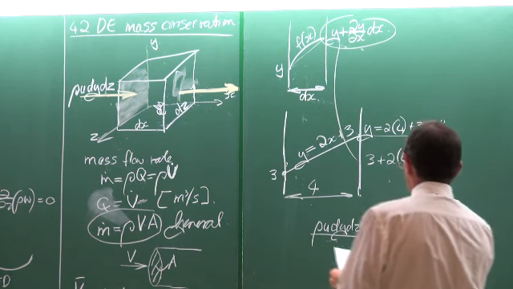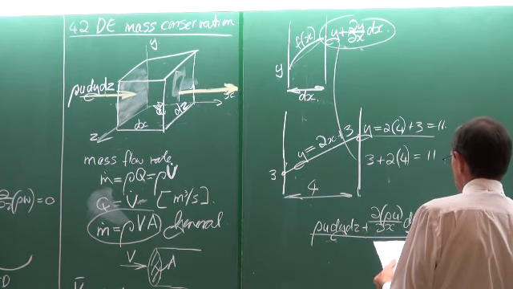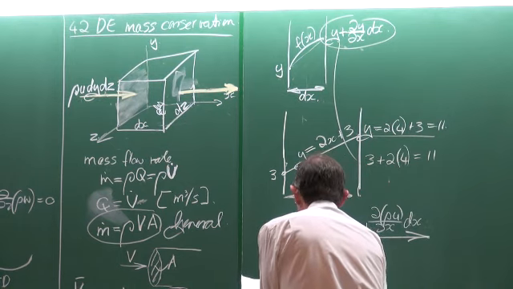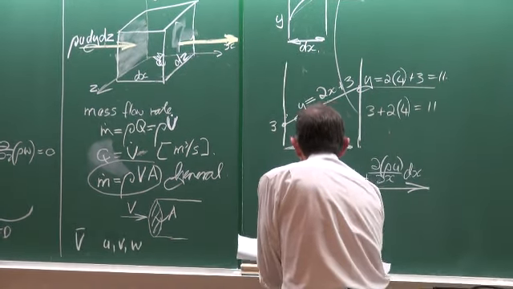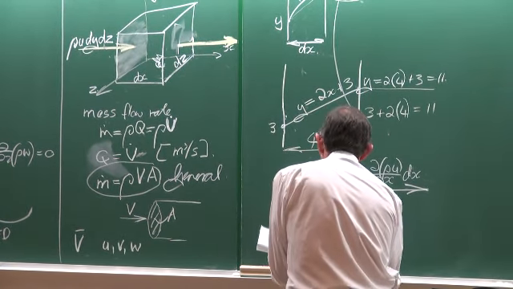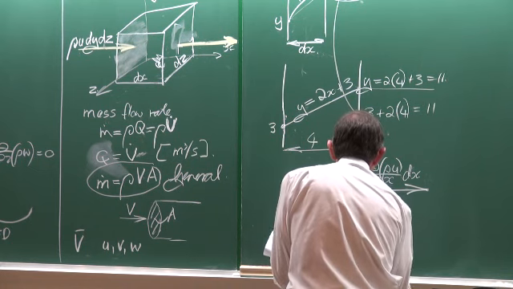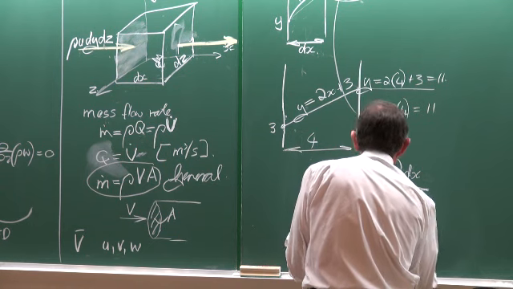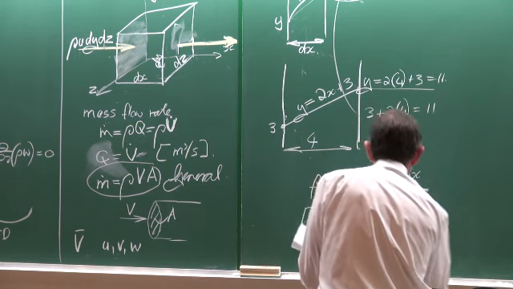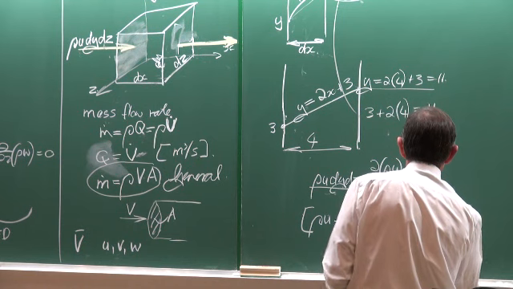Or, if I do a little bit of manipulation, I can write it as rho u plus partial d(rho u)/dx multiplied by dx, multiplied by dy dz.